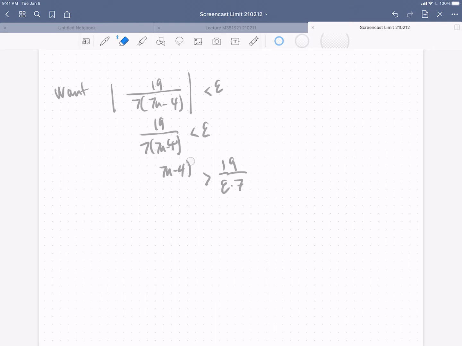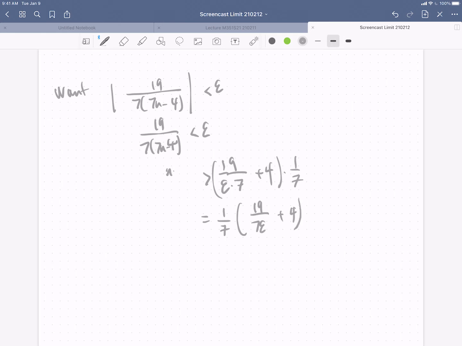I'm going to add 4 to both sides. And then I'm going to divide both sides by 7, and I get that. So just clean it up a little bit: it's 1/7 of (19/(7 epsilon) + 4). So my little n is bigger than this, so this number is my candidate for big N.